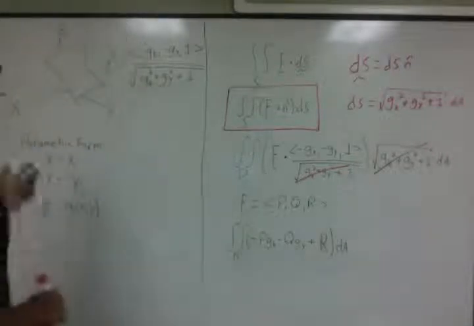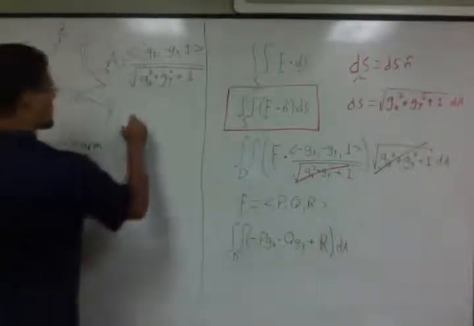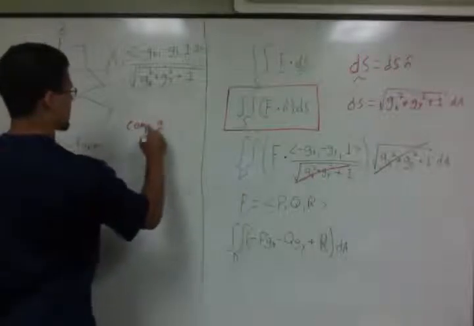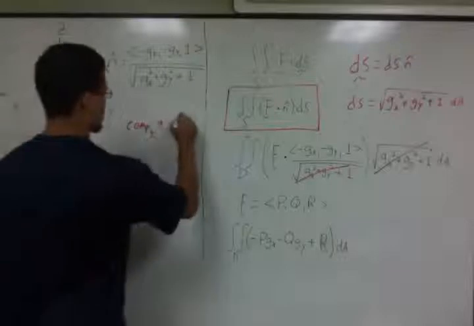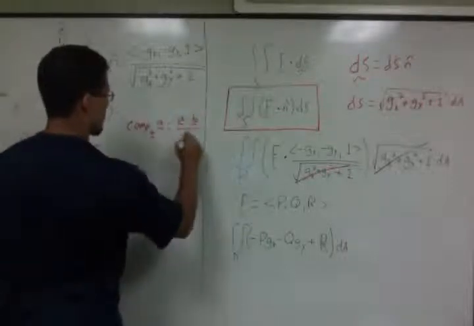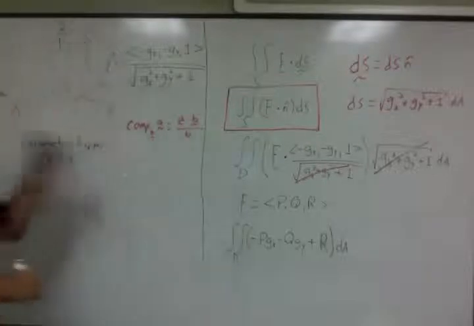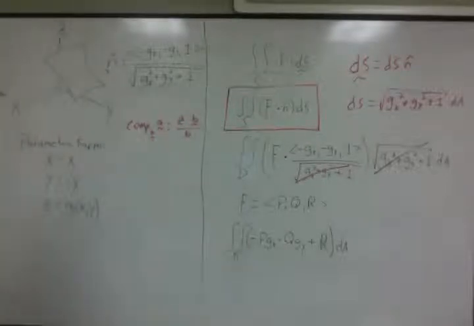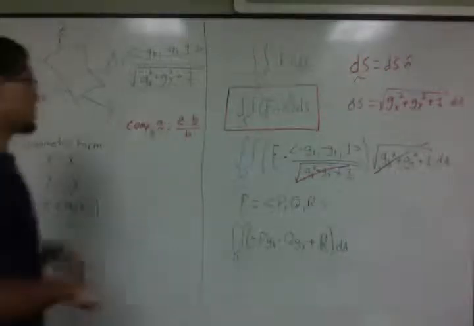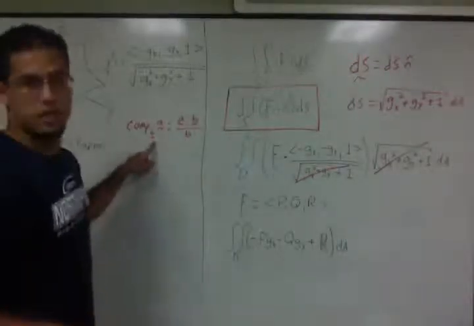So recall that the component of A in the direction of B is equal to the dot product of A and B divided by the magnitude of B, which doesn't have an under tilde because it's a magnitude. Okay. But what about the special case when B is in fact a unit vector?